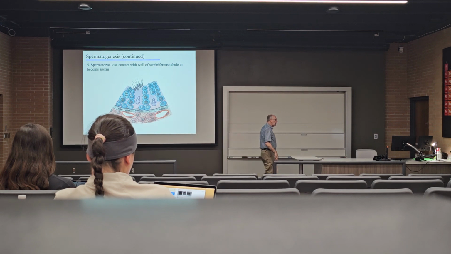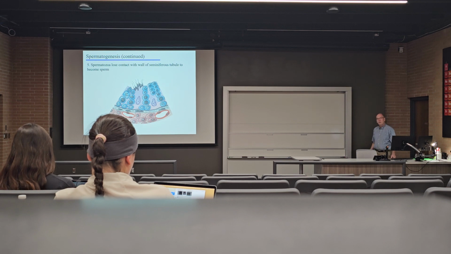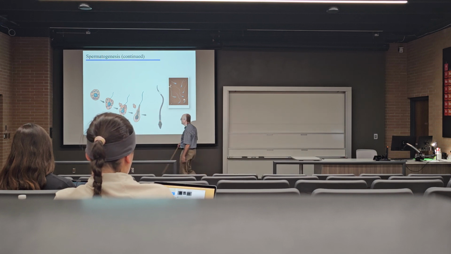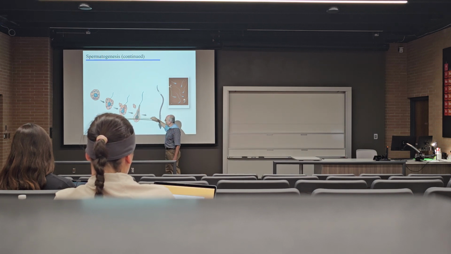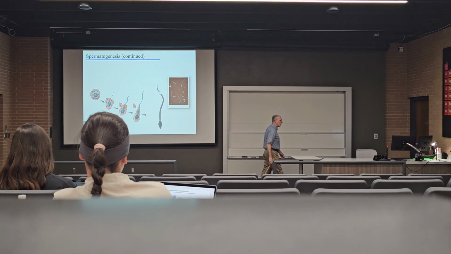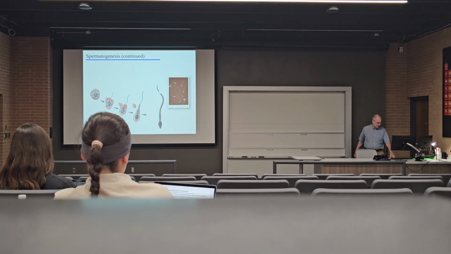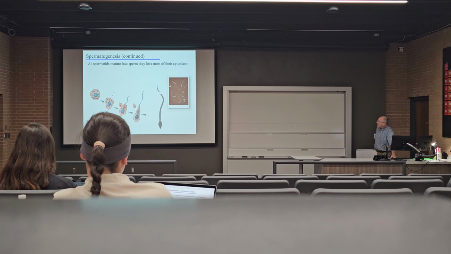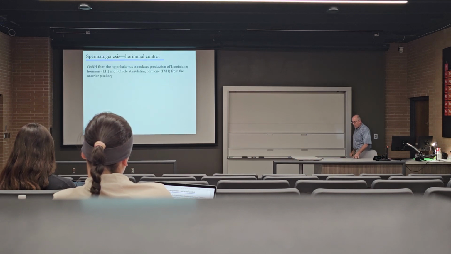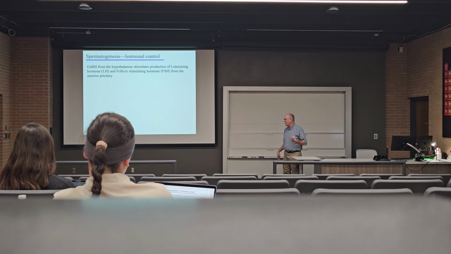So that what is then finally differentiated out here will then detach and move its way into the epididymis. As we go through this process of differentiation, we shed pretty much everything except for the nucleus, the acrosome, the midpiece, and the flagellum. And that is all that we have left. It's absorbed by the Sertoli cells as we make our way out, and that is how we actually produce the sperm themselves.